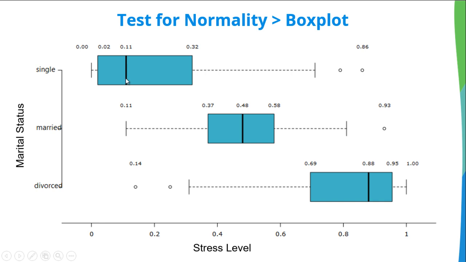All right, so the highest stress level is in the single. You see that single has the highest stress level, followed by the divorce, then the married. Married has the minimum stress level, the smallest stress level.